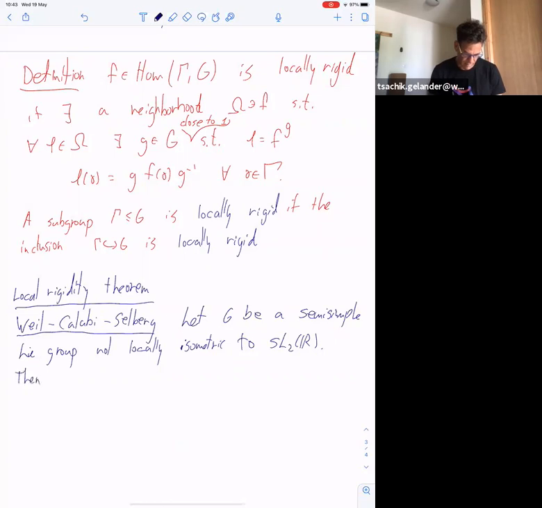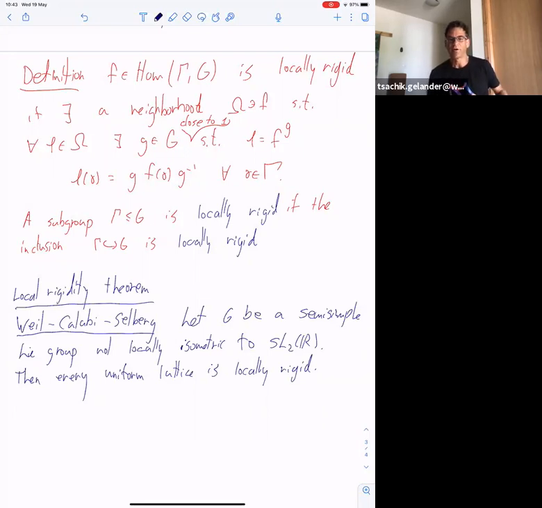Then every uniform lattice is locally rigid. That's the theorem. So in SL2R, we know that this is not true.